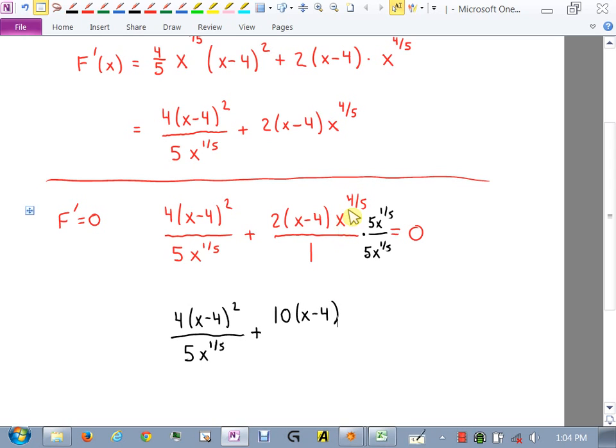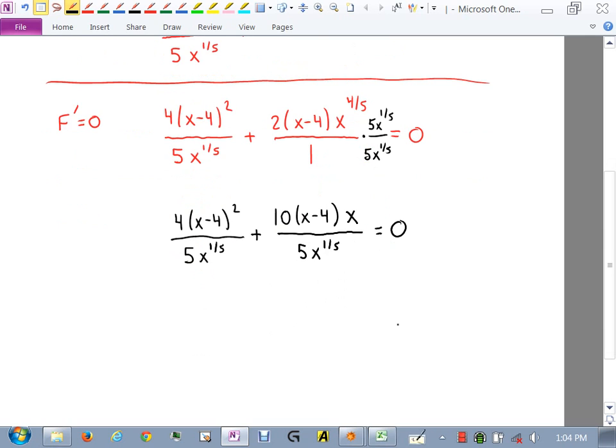And then, what's x to the 4/5 times x to the 1/5? Just x to the 1, right? You add the exponents. 4/5 and 1/5 is 5/5, and 5/5 is 1, and x to the 1 is x. So I just have an x, right? And then over my common denominator. And since they have the same denominator, I can put them together.